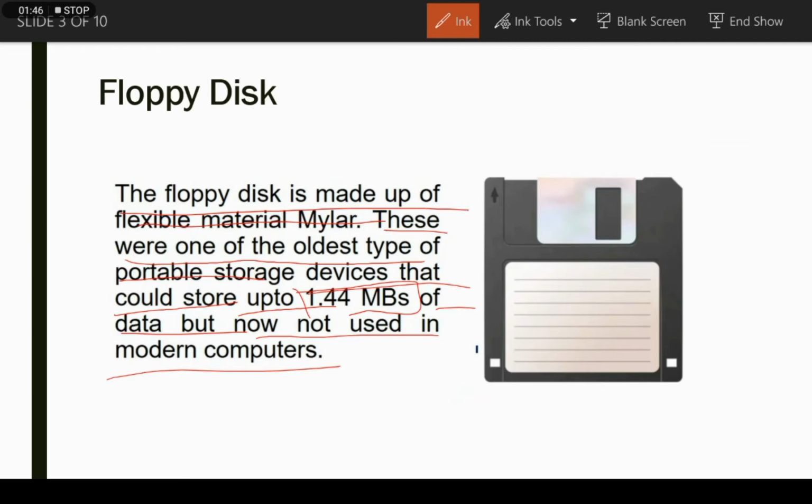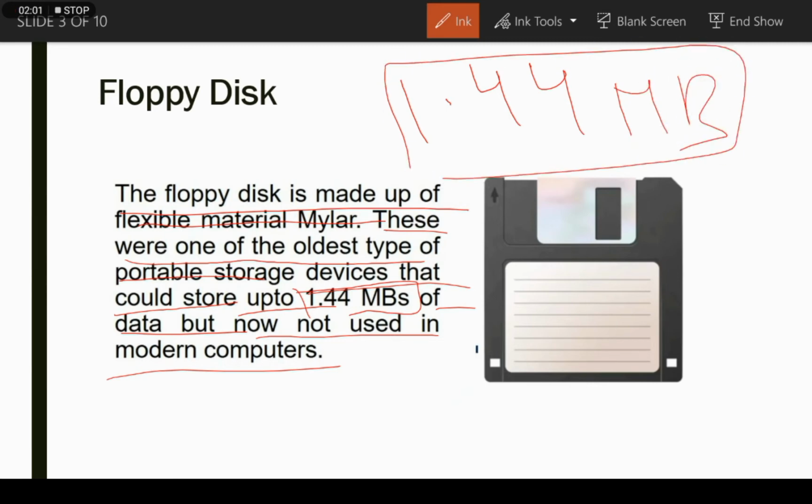We are not using them because the size of a floppy disk is very small, as it can only store 1.44 MB of data. And nowadays, if we click a photo with our cell phones, it could be 3 to 4 MB in size. So the floppy disk is not in use now.